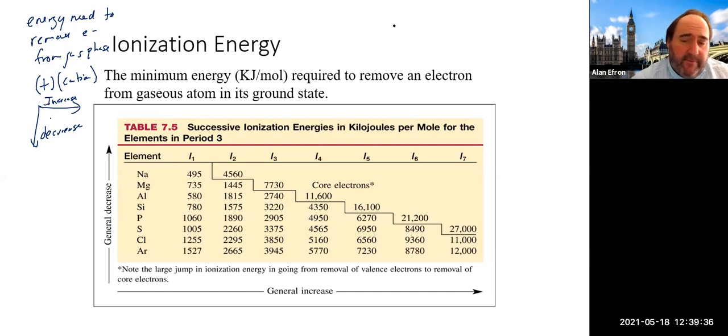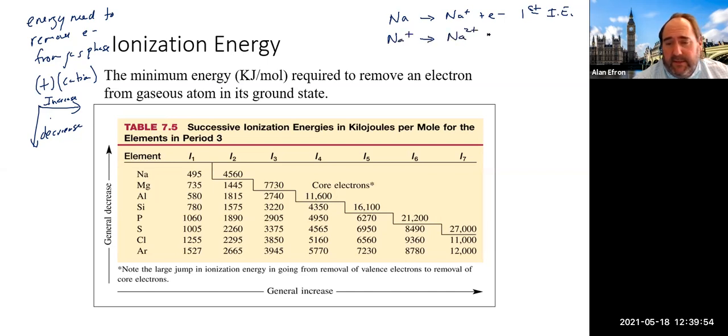So, for example, if we looked at sodium, the first thing that would happen is sodium would lose one electron. That would be the first ionization energy. Then, perhaps the sodium that lost an electron would lose a second electron, and that would be known as the second ionization energy. If we looked at magnesium, magnesium first would lose one electron, and again, that would be our first ionization energy.